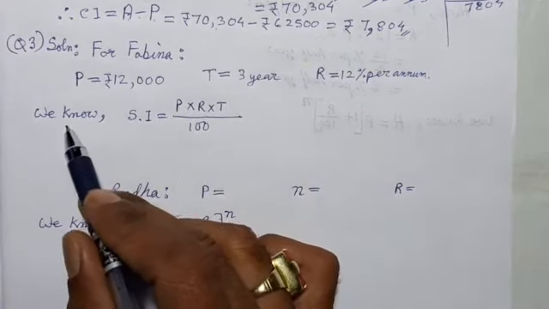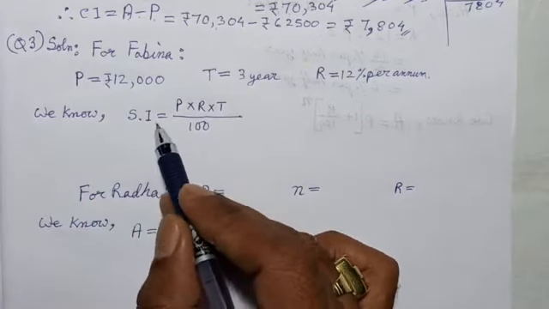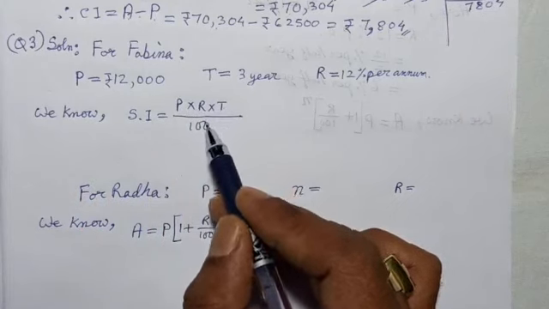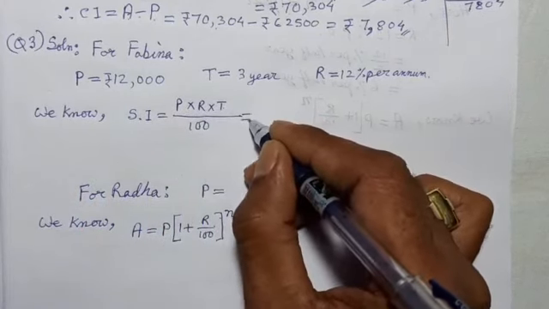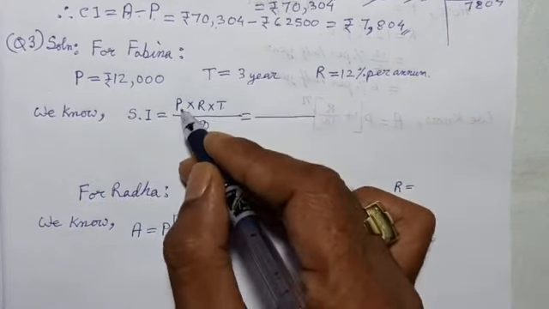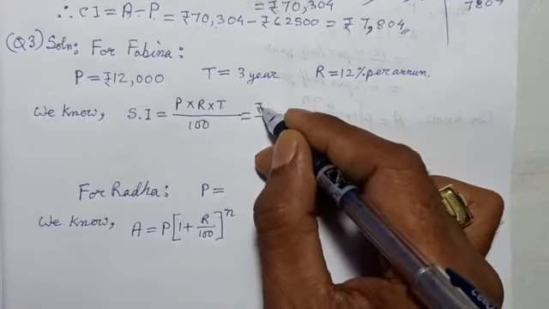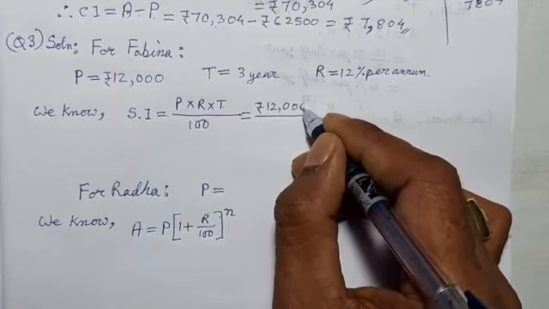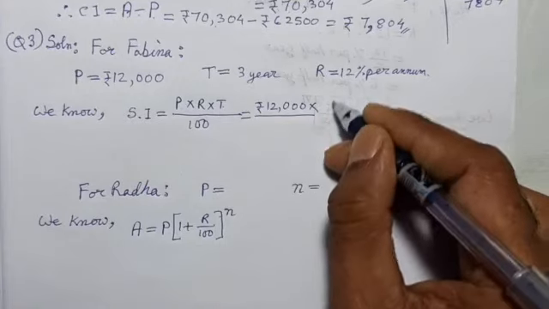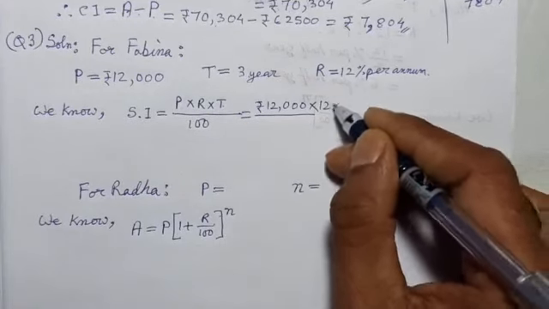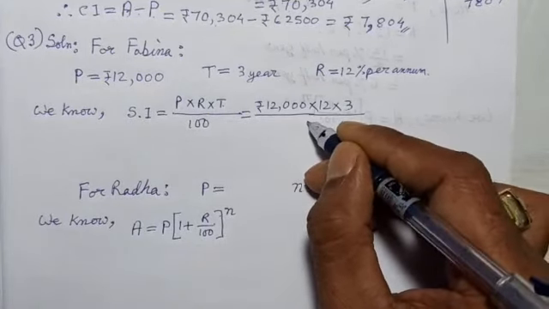Now the formula, we know simple interest is equal to P into R into T by 100. The principal is rupees 12,000, the rate is 12, and the time is 3 by 100.